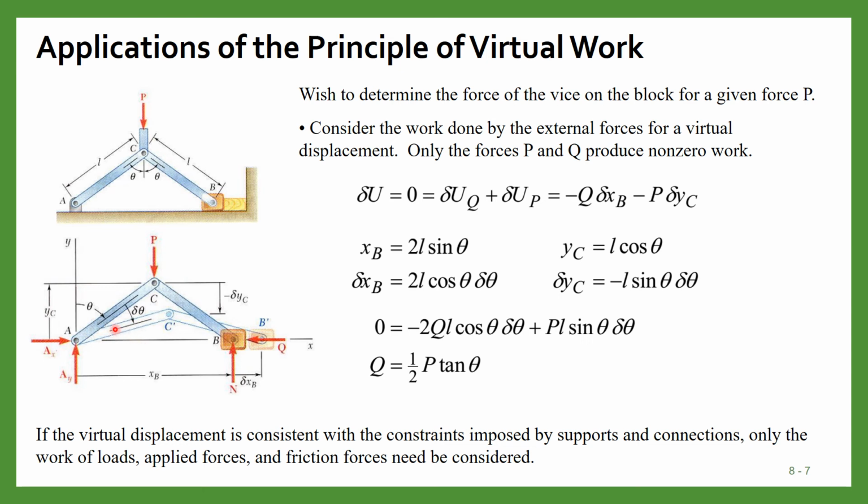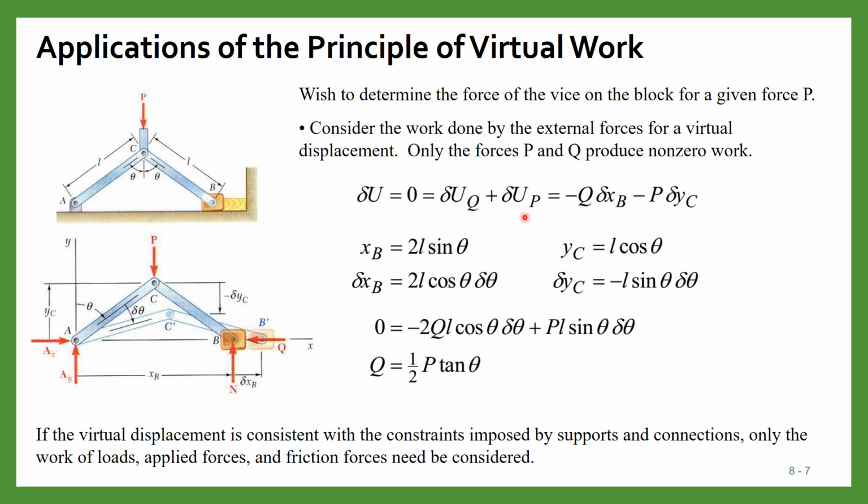Now you can calculate the virtual work. The virtual work will be delta U_Q plus delta U_P, because of the force Q and the force P. These forces P and Q will do work, and because this is a frictionless pin, and the rotational motion is there, the pin forces will do no work.